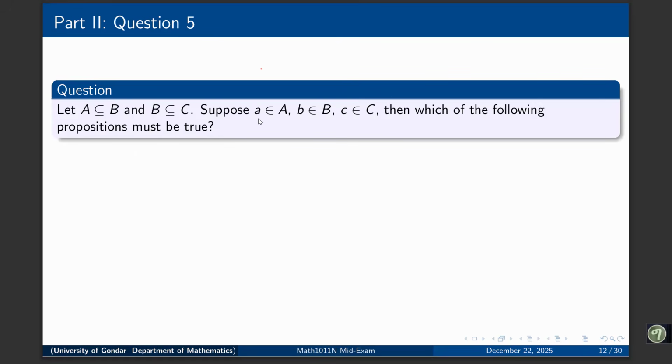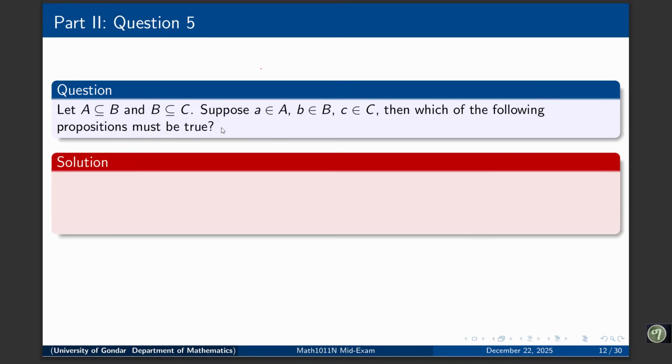So from the given information, if a is an element of A, it must also be an element of B because A is a subset of B. It is also an element of C, because if A is a subset of B and B is a subset of C, then A is also a subset of C. That is transitivity.